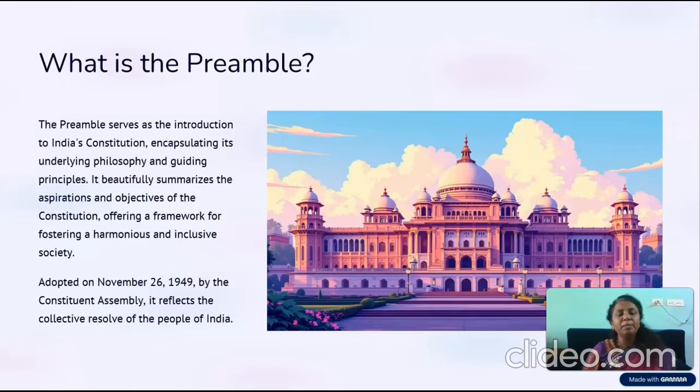So the preamble beautifully summarizes the objectives of our constitution and the framework for fostering a harmonious and inclusive society. We all know the constitution and the preamble were adopted on November 26th, 1949 by the Constituent Assembly. So it reflects the collective resolve of the people of India.